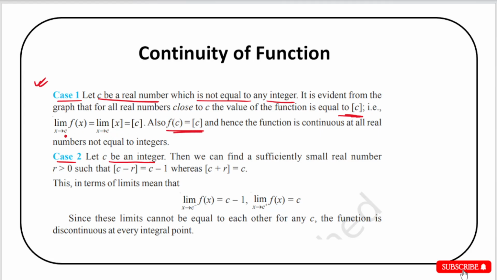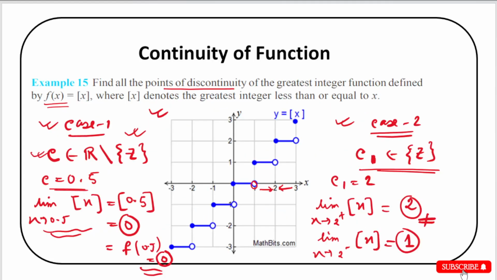So the functional value is equal to the limiting value, and it is continuous at all real numbers which are not integers. But if you consider integers, we can always find a sufficiently small real number r greater than 0 for which box of C minus r is C minus 1 and box of C plus r is C. If you consider it from the right hand side, you will get C only, but from the left hand side, the value will be C minus 1.